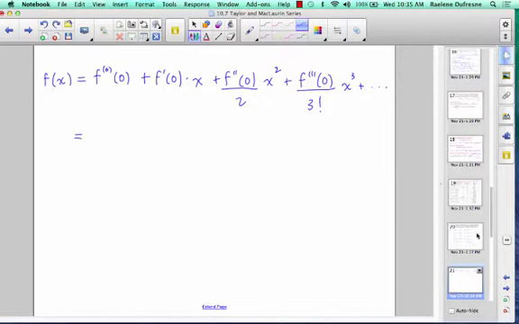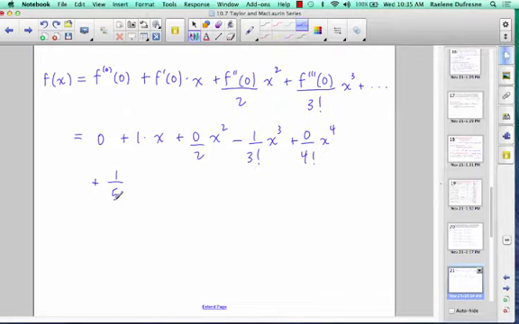So once we expand it, we can start to plug things in. We have the 0th derivative, or the height of the function, is 0, plus 1 times x, plus 0 over 2 times x squared, minus 1 over 3 factorial x cubed, plus 0 over 4 factorial times x to the 4, minus, we're back to the beginning, so we're actually at plus 1 over 5 factorial x to the 5, plus 0 over 6 factorial times x to the 6, minus 1 over 7 factorial x to the 7, plus dot dot dot.